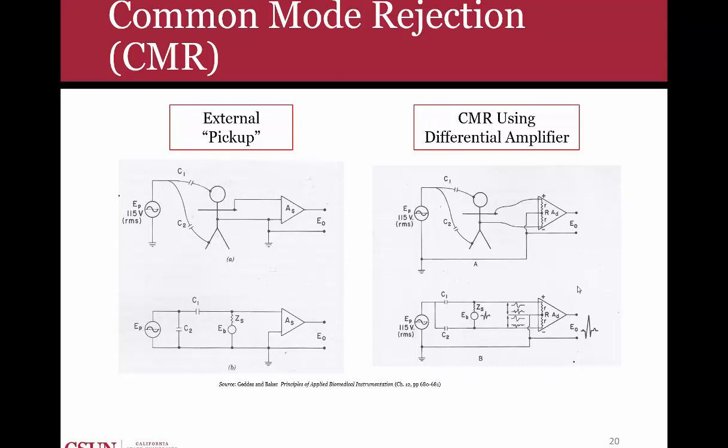One last thing is you can have another source of common mode or DC offset, not just from the electrodes but also from any other external pickup. So even just being near a power line will create some stray capacitances that are connected to you, and you can then have a very large signal that's on both of your electrode measurements.